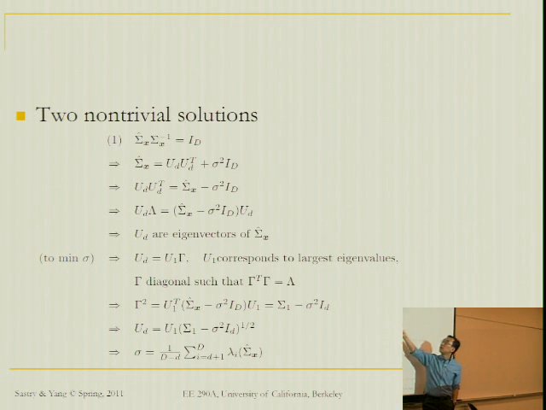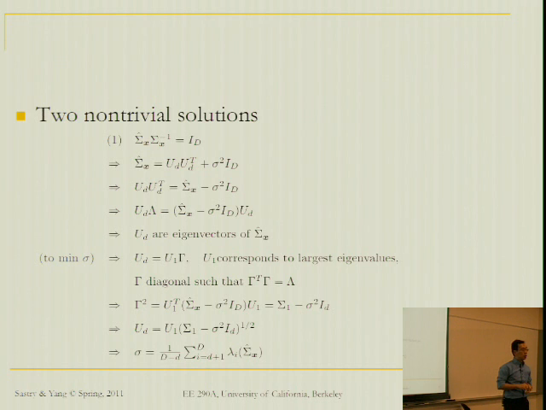Which tells you that in this computation, the rest of the eigenvalues of sigma hat should be equal to each other, under the assumption that the noise is the isotropic Gaussian distribution.